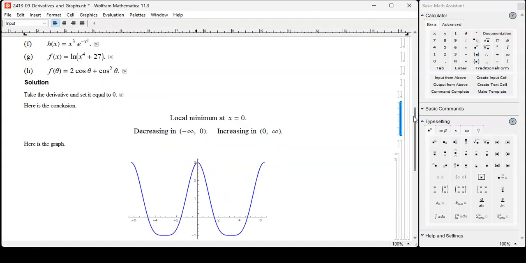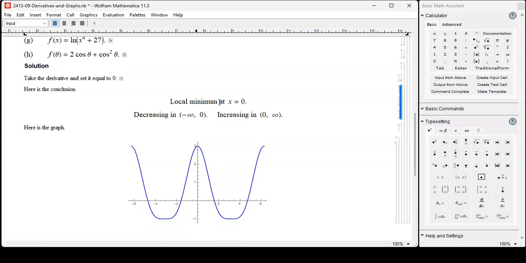So the conclusion is local maximum at any multiple of 2 pi, 2k pi. K is any integer.